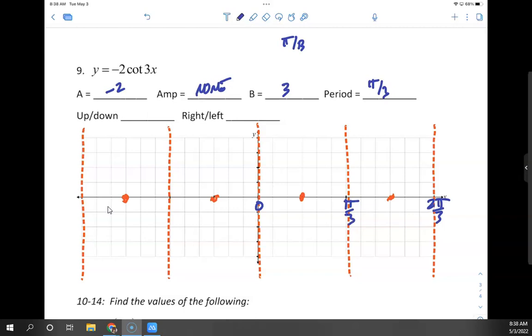And then halfway between 0 and pi over 3 is pi over 6. Then what's this one right here? 1 pi over 6, 2 pi over 6, 3 pi over 6, which is pi over 2. You don't really have to put the negative one. Sometimes I put that one.